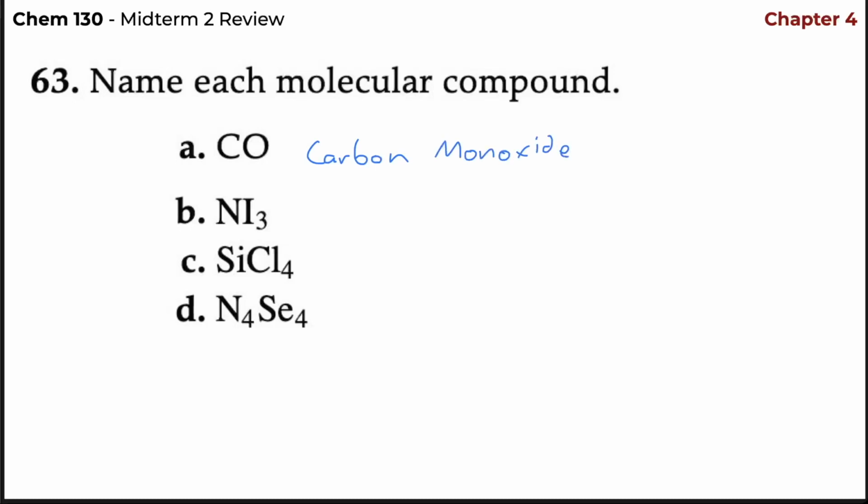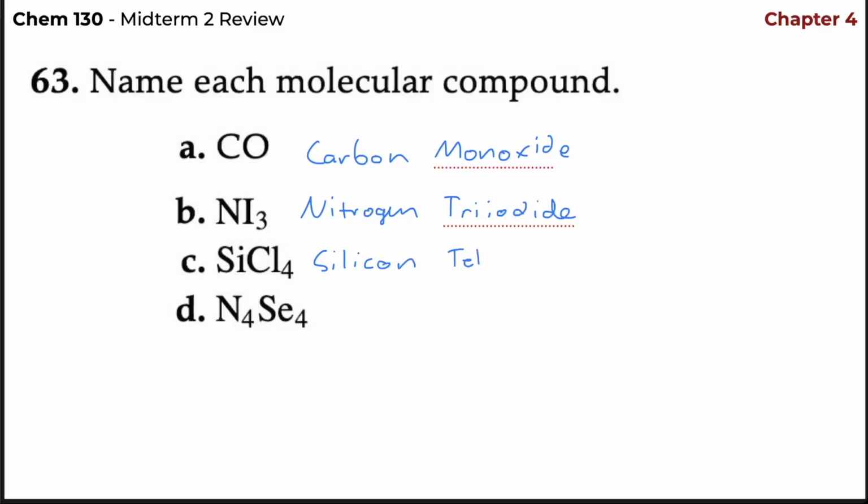Now the next one. The first one is just 1, so nitrogen. The second one is 3, so triiodide. And then the next one is just 1, silicon, and then it's 4.